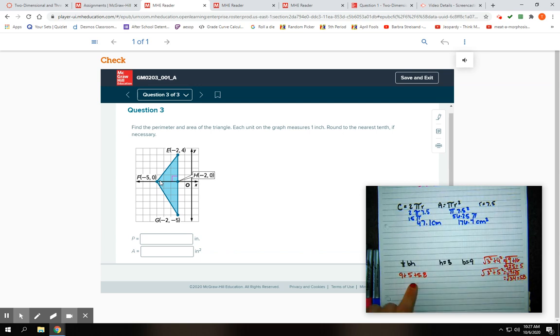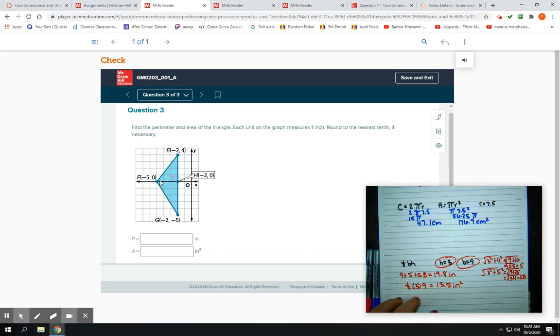So we're going to add all of those up to get the perimeter of our triangle, which is going to be 19.8 inches. I'm going to plug in 3 for the height and 9 for the base into the area formula. 1/2 base times height. And that gives me 13.5.